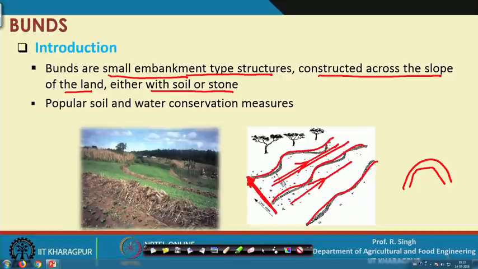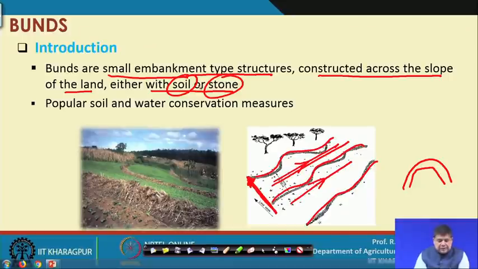And the material of construction is soil or stone. That is the material which is readily available in the nearby positions. It could be soil, which is preferred because economy is a major constraint, or if soil is not of good quality or not available, then we bring stones also to build this cross section. As I mentioned, the cross section could be trapezoidal or semicircular.